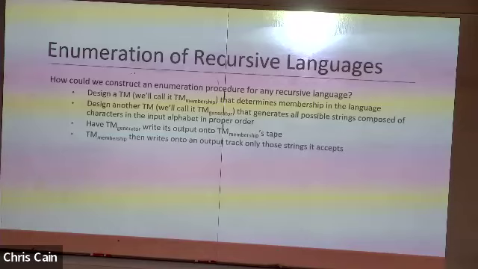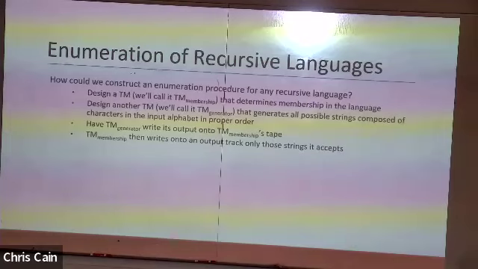And then TM membership is going to write onto the output track only those that it accepts. So the generator is going to generate all possible strings. And then the membership is going to take each of those strings and determine, yes, it is in the language, or no, it's not in the language. And after you filter all of that through both Turing machines, you have the list of strings that are in the language. Does that make sense?